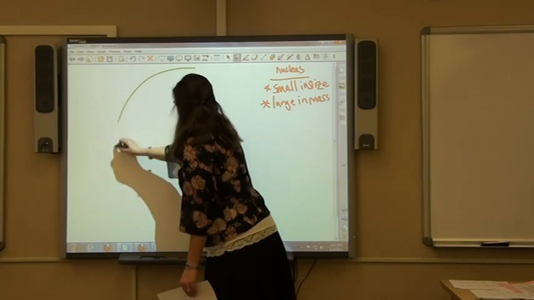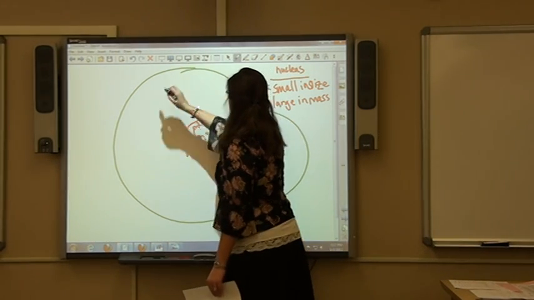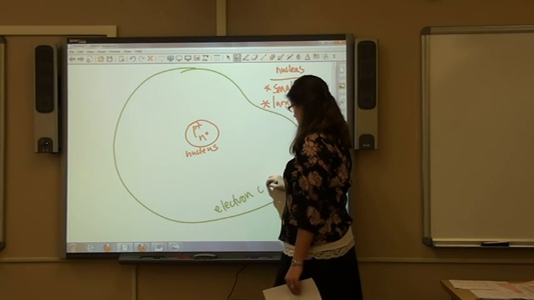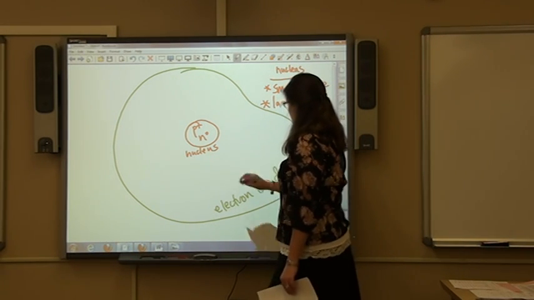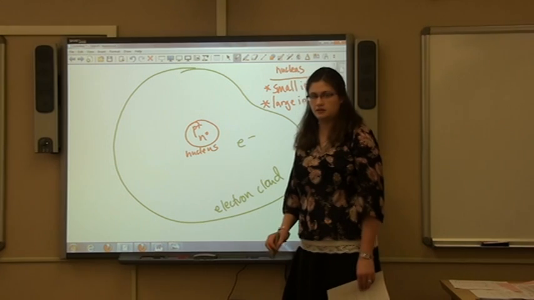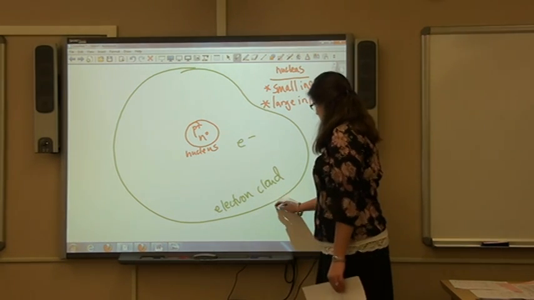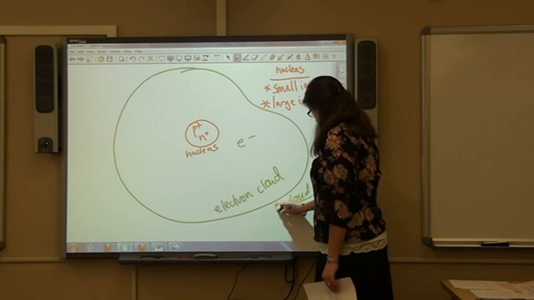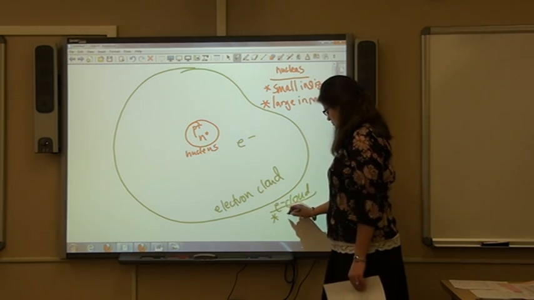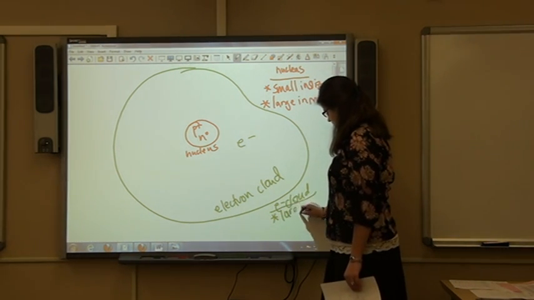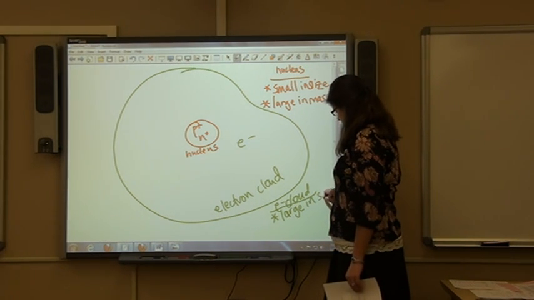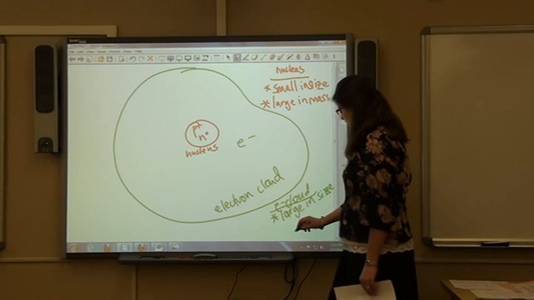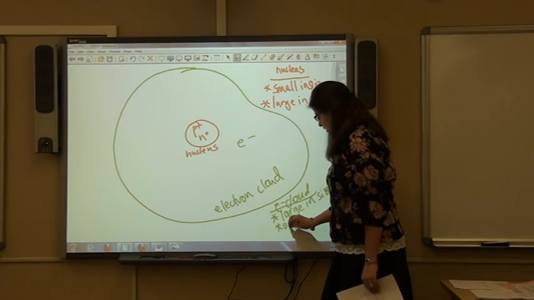And then outside the nucleus is the electron cloud. And there are electrons inside that electron cloud. The electron cloud is really, really big. But it has almost no mass.